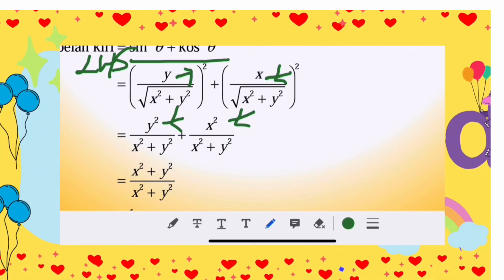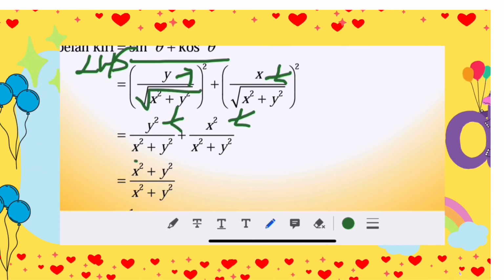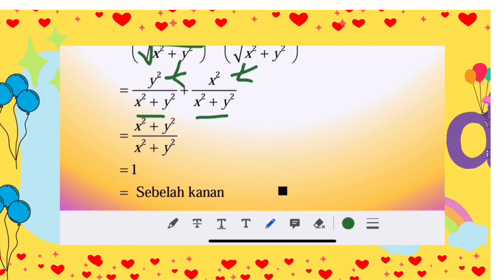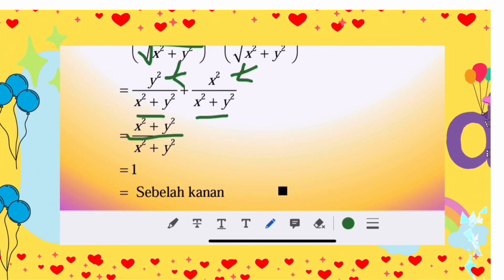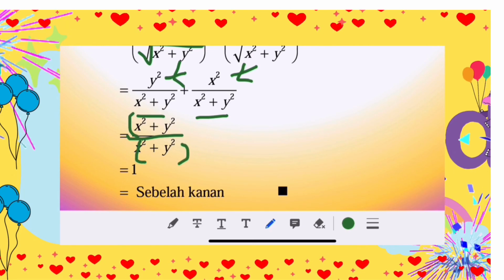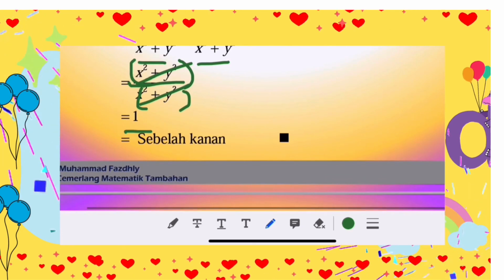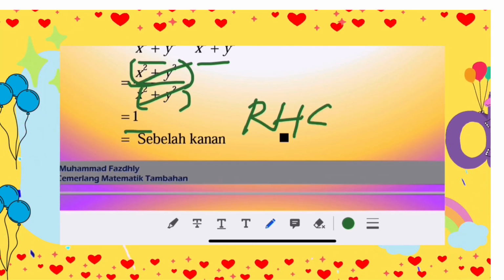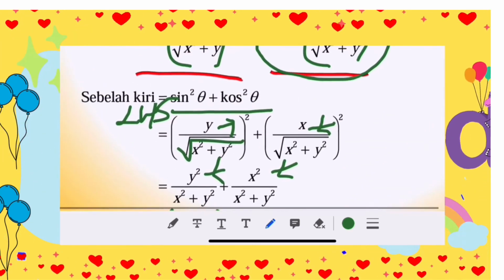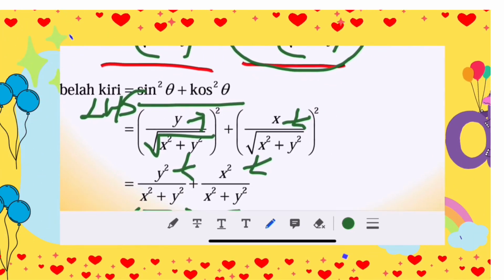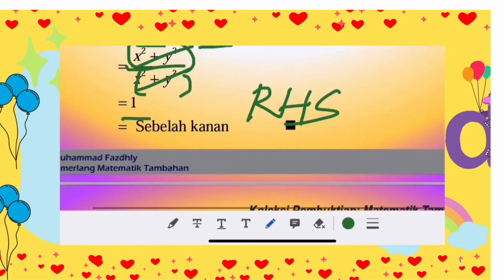When we square, the square root will be cancelled out. So hence we can say that x squared plus y squared over x squared plus y squared, these two we can simplify to 1. So it's equal to the right hand side. So we can show that the basic identity sine square theta plus cos square theta is equal to 1.